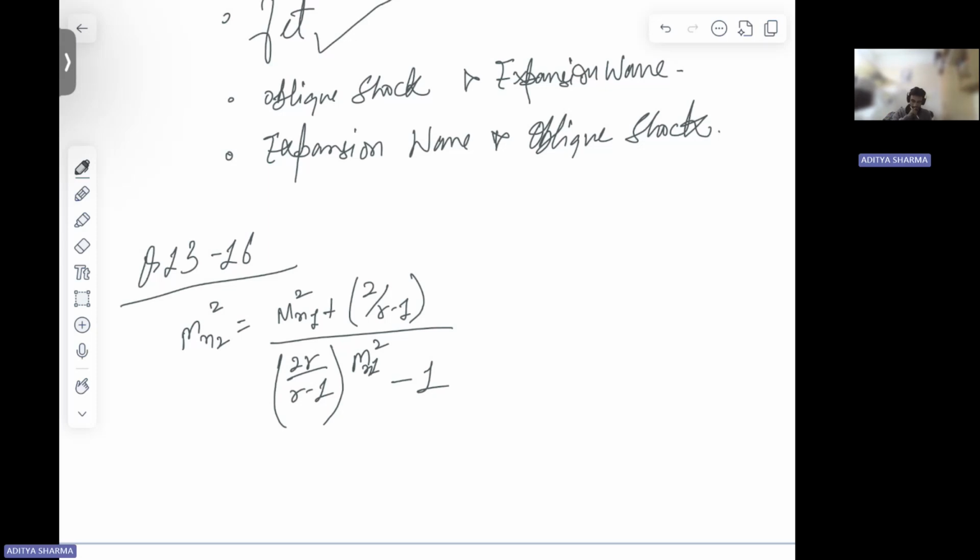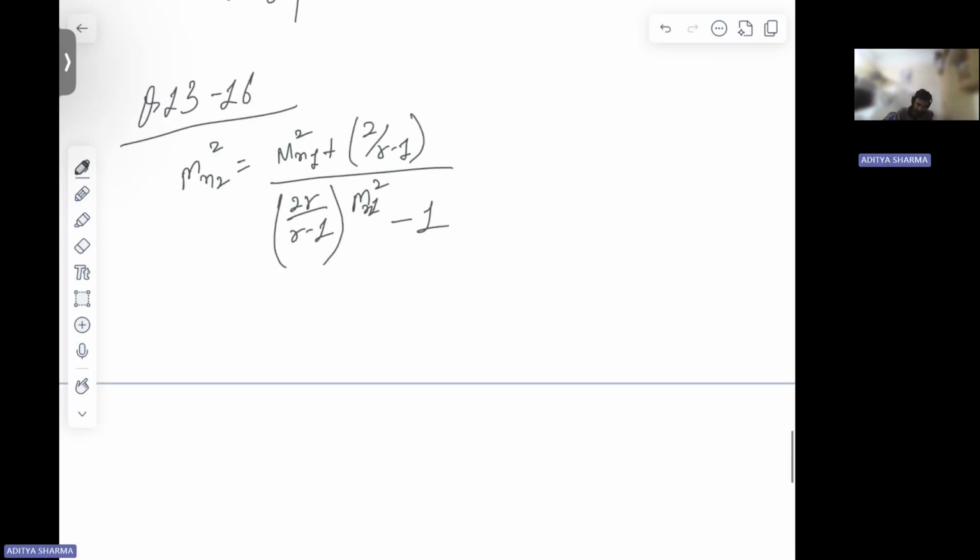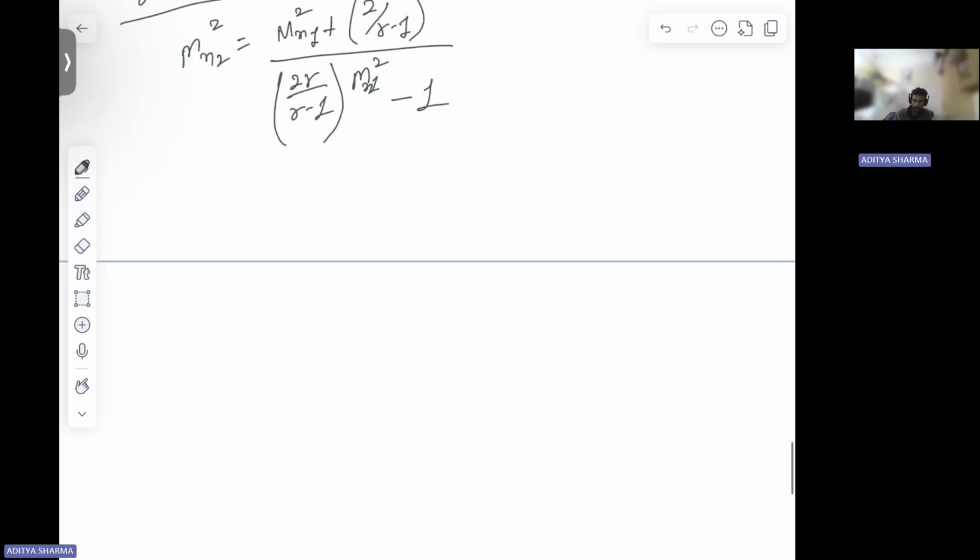So this formula we need at some point. Now what is given to us? From there we will start this numerical.